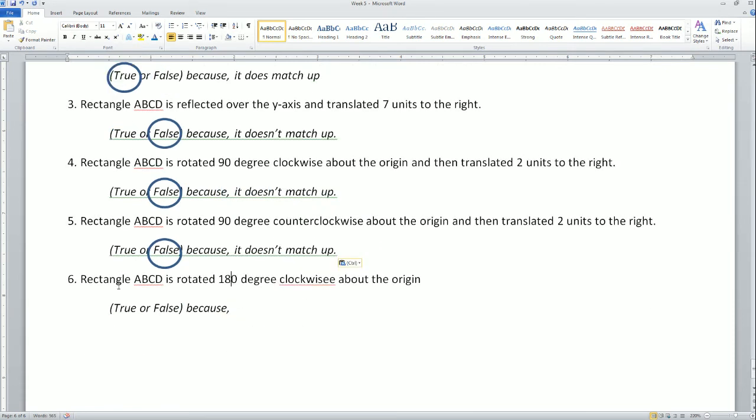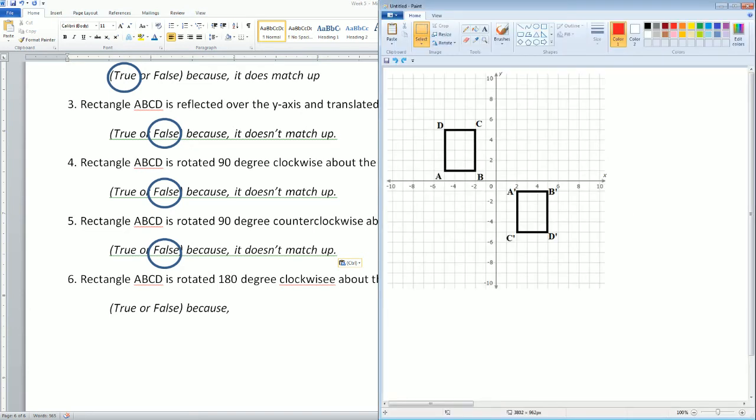Next, it rotates 180 degrees about the origin. This one might work. Let's see if this one will work. So it reflected here first, 2, 3.